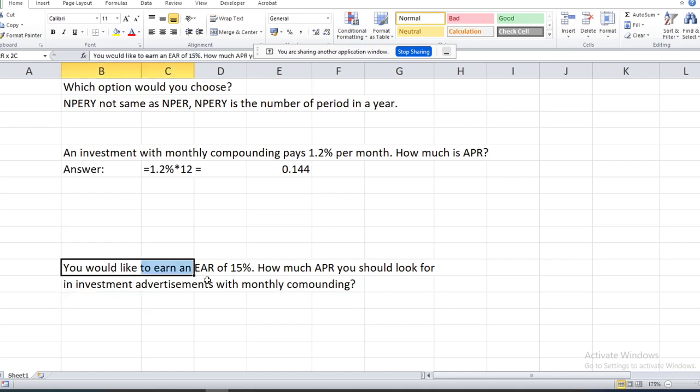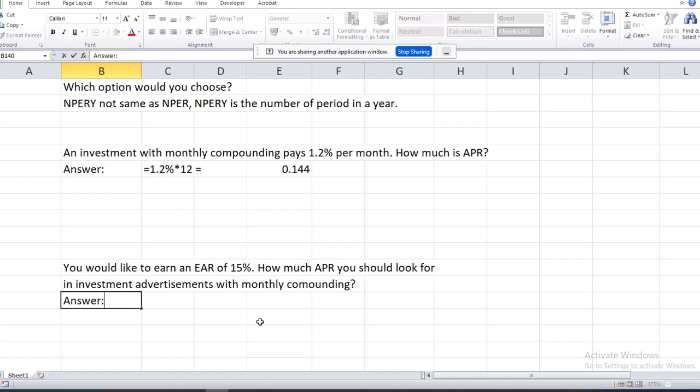Okay, in the second example, I don't know the actual rate per month. I just know that I really want to earn 15% per year in reality, effectively. But if I look for some sort of investment advertisements, they're not going to show an effective annual rate, they're going to show APR. So what's that APR I should target in my search? Answer is going to be equals NOMINAL.